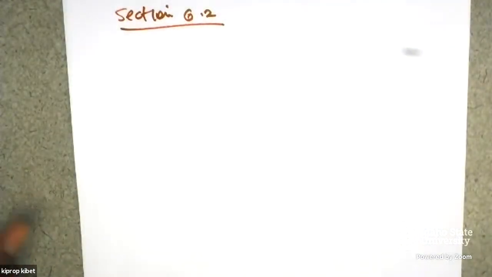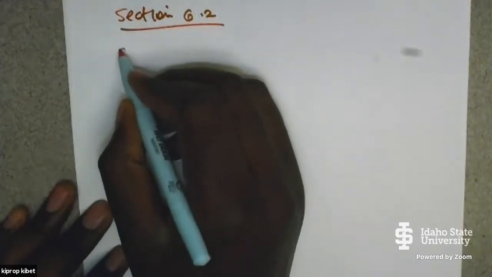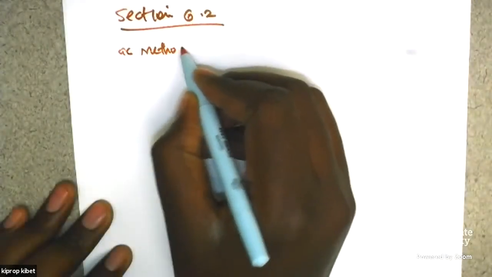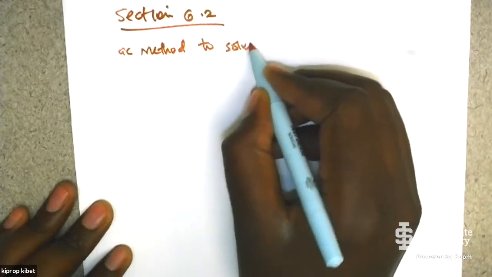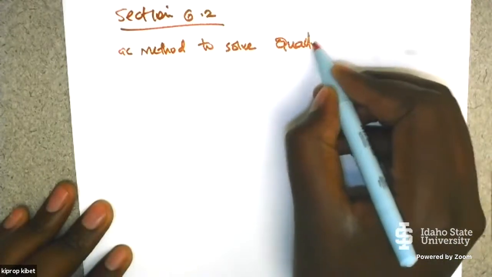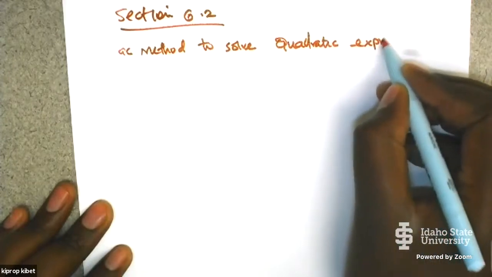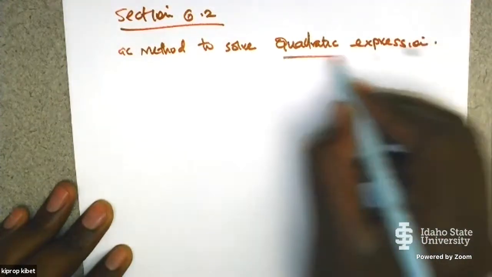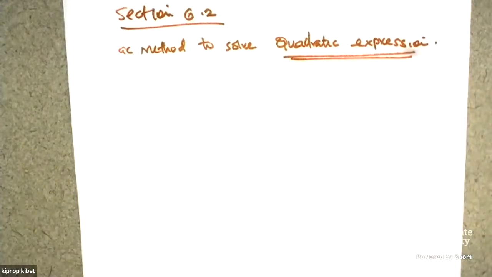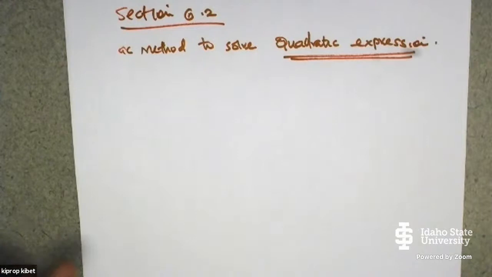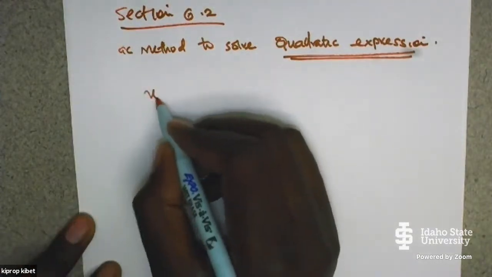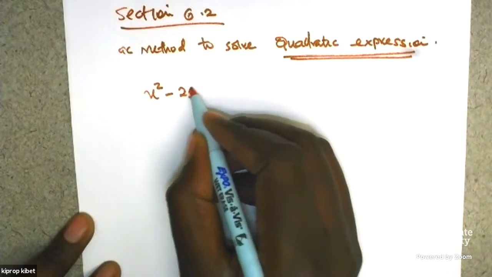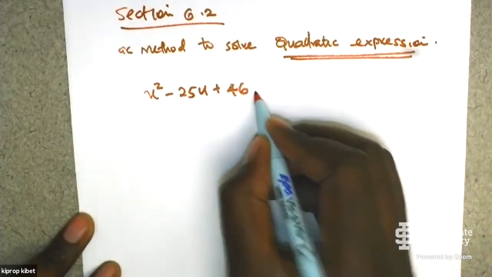6.2, we did an example on how we can use the AC method to solve the quadratic expression. So here, quadratic expression is an expression of the form u square minus 25u plus 46.